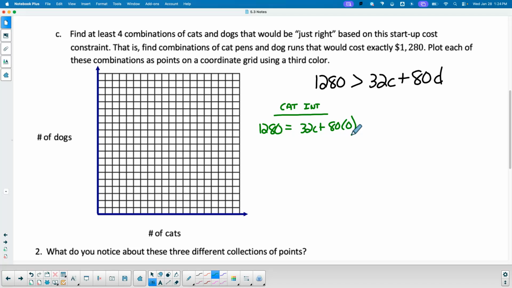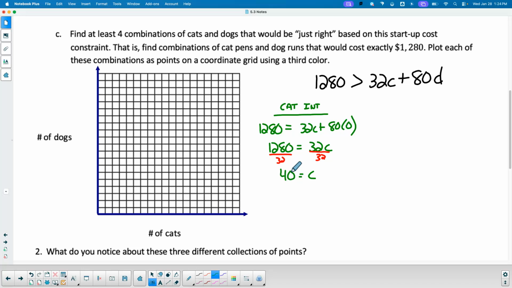So what is 1,280 divided by 32? What you got? 40? Yep. So they could board 40 cats and 0 dogs.